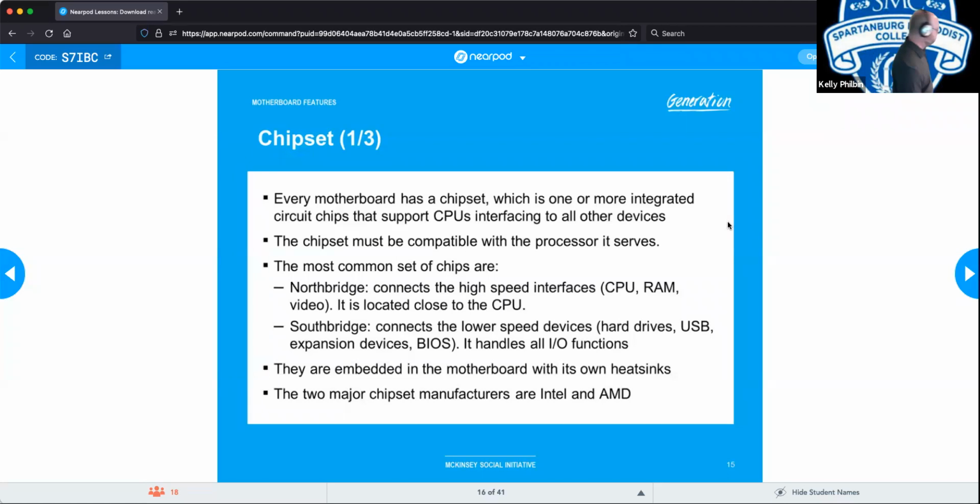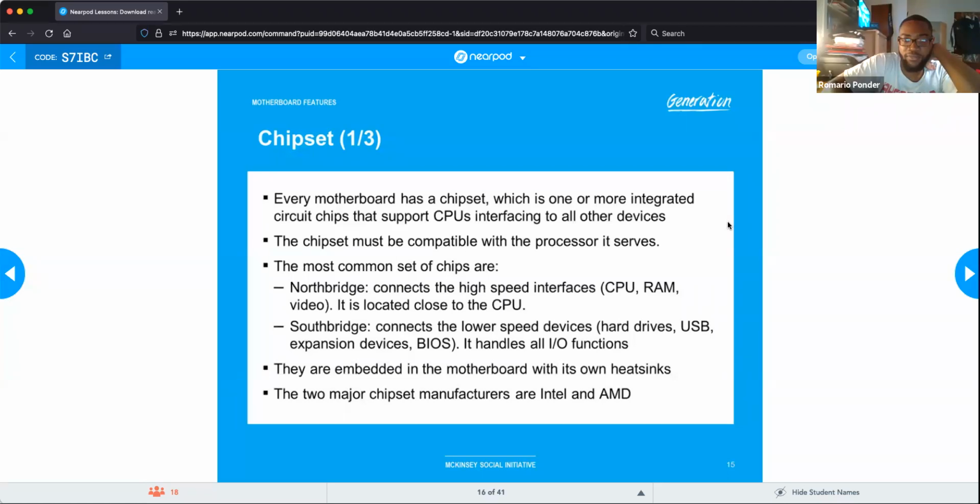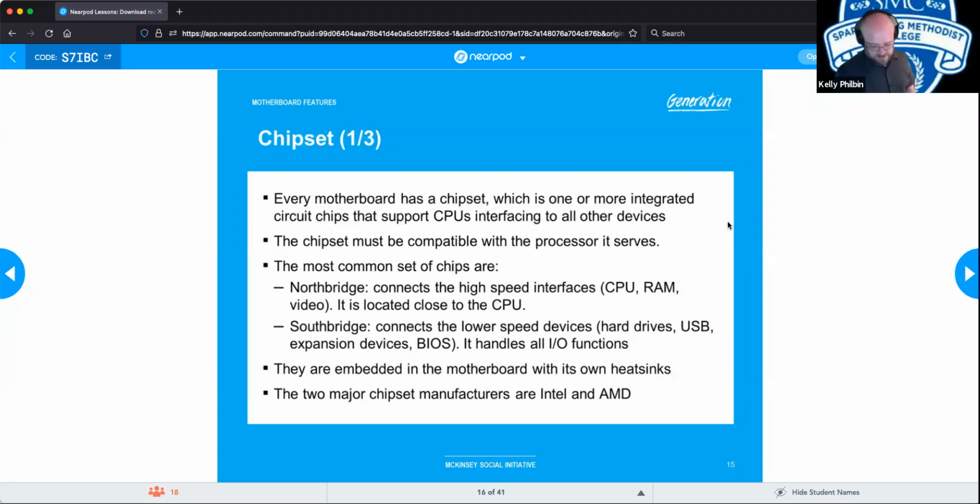How do we identify the North Bridge? Who can tell that? Let me pull one out here. So TK, how do we identify the North Bridge on a motherboard? You there, TK? All right, Jordan, we'll go with you.